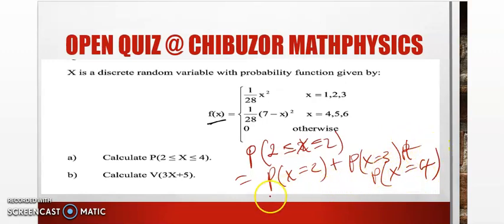So that's what we are taking. Let's see how we can calculate that.